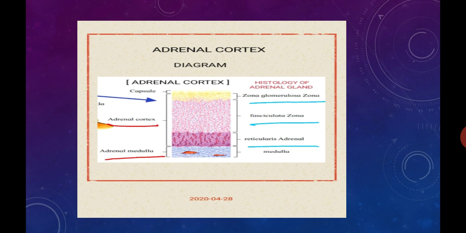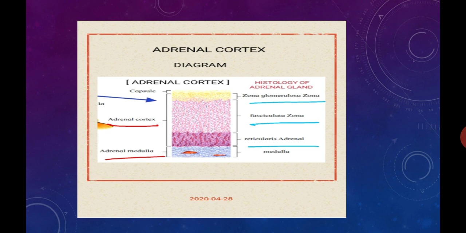I repeat the points of adrenal cortex. It is derived from the mesoderm. It secretes many hormones. All these hormones together are called corticoids. In section, it is differentiated into three regions: zona glomerulosa, zona fasciculata and zona reticularis.